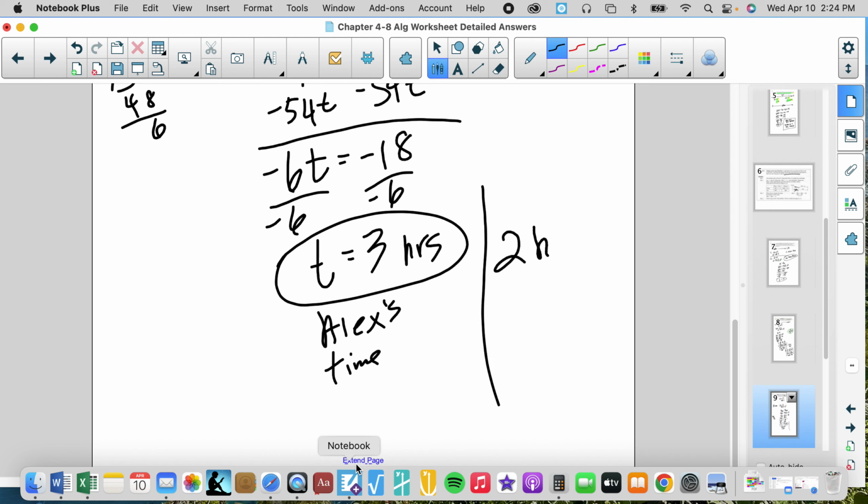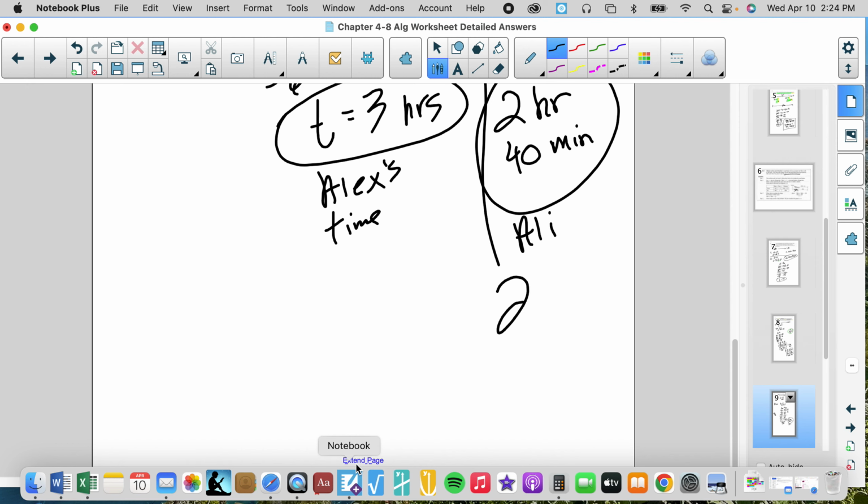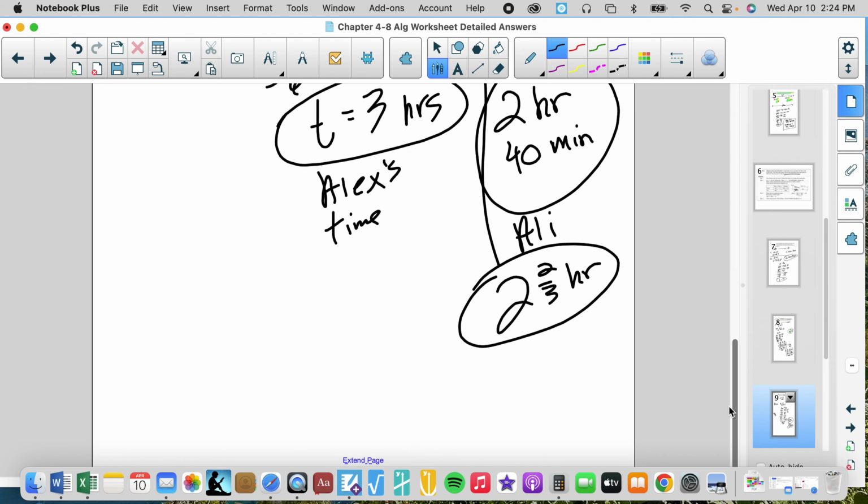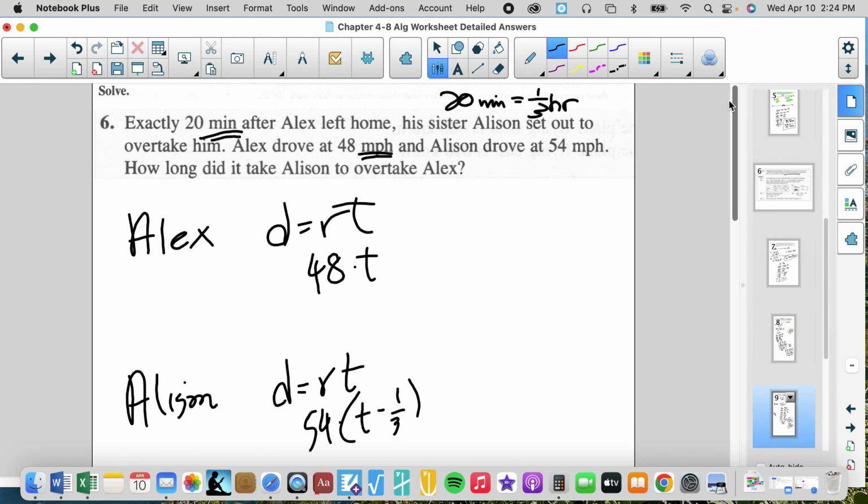Yeah, I can do that. 2 hours and 40 minutes, because there are 60 minutes in an hour. I'm going to have to borrow. So you can do 2 hours and 40 minutes for Allie's time, or you could have said 2 2/3 hours is also an acceptable answer. It doesn't say what format you need to give your answer.